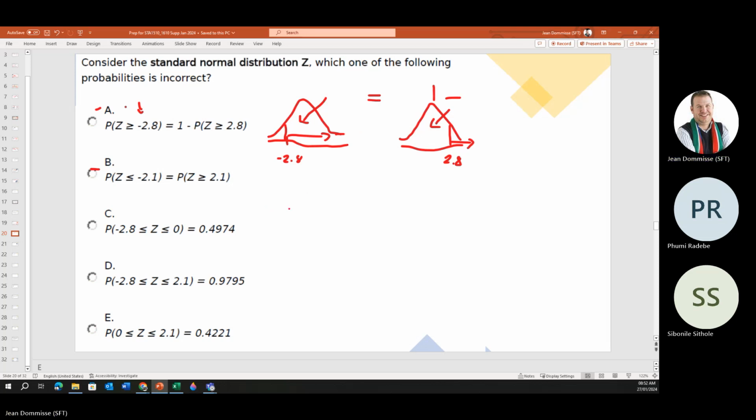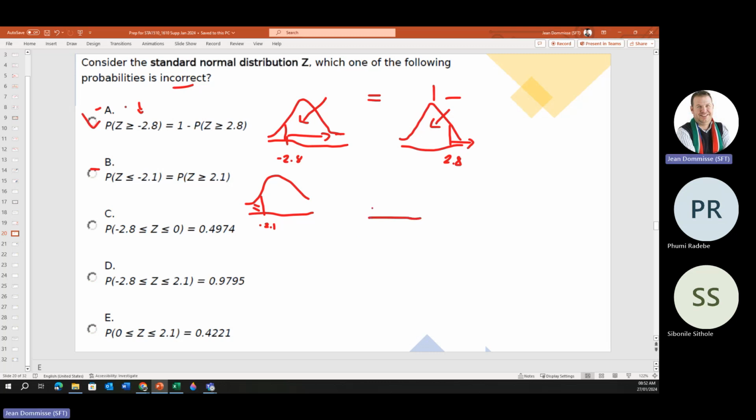Okay. When we look at option B, so this one is correct. We need to find, unfortunately, the incorrect one. So if we look at B, the one is Z smaller or equal to minus 2.1, so it's that area.